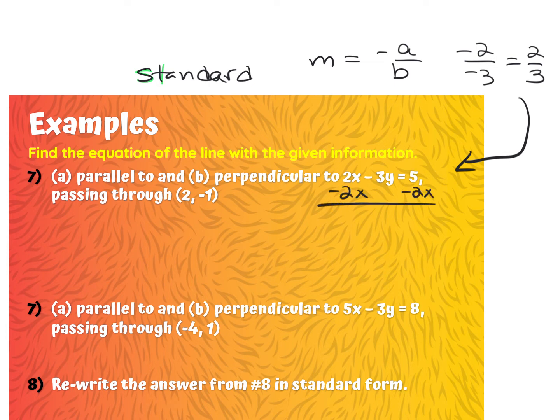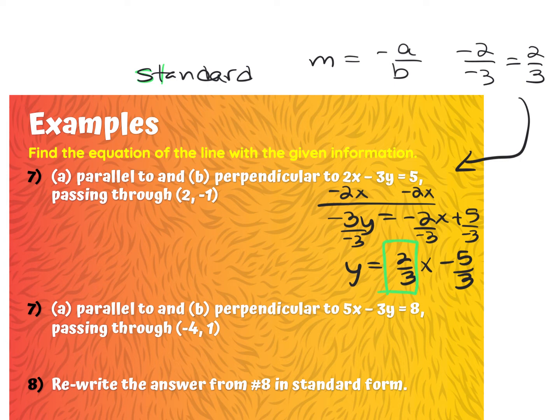I'm putting this into y equals mx plus b form. Then I'm going to divide everything by -3. And I get y equals negative becomes positive 2/3 x minus 5/3. Notice it was exactly the same slope that I got when I did the trick when it was in standard form. Now, for a line parallel, I'm using the same slope.